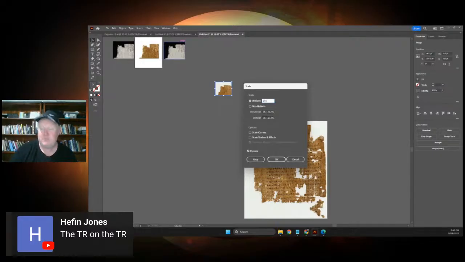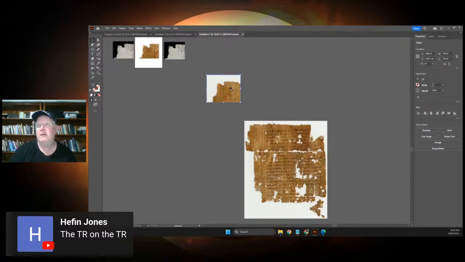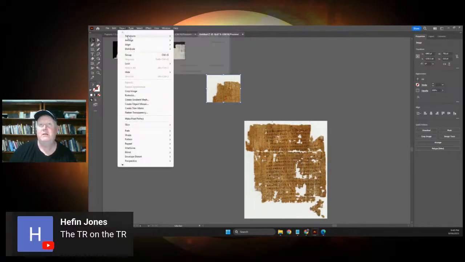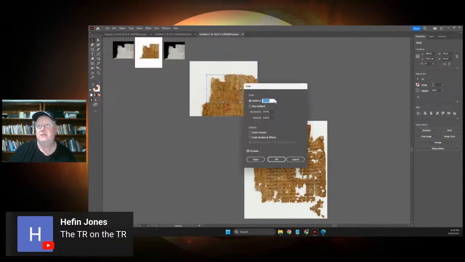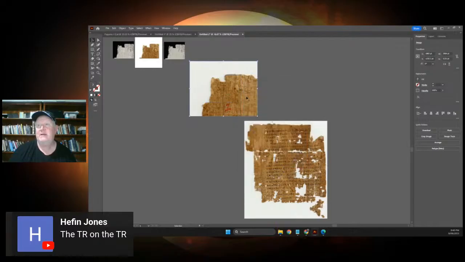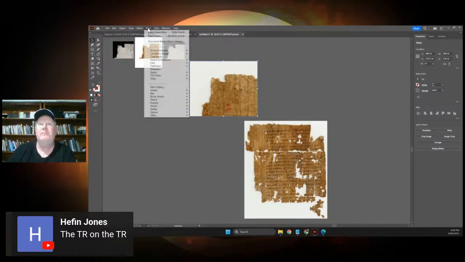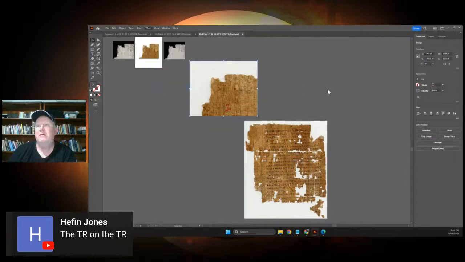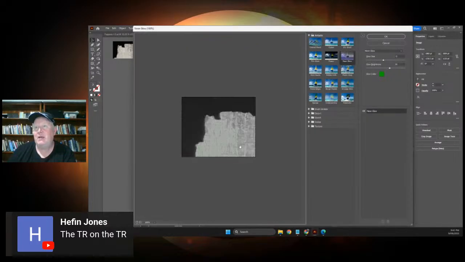Go to 200. Okay, maybe bigger. We'll do that again. Transform, scale. Yeah, that's good. And it still seems clear, which is good. Effects gallery. Yeah, it's a little bit bigger. Not that much though.